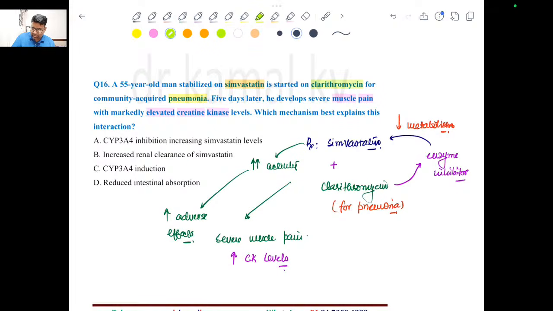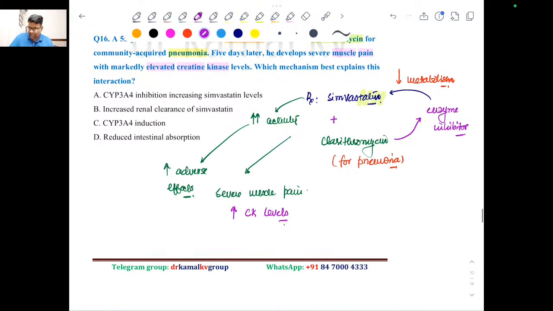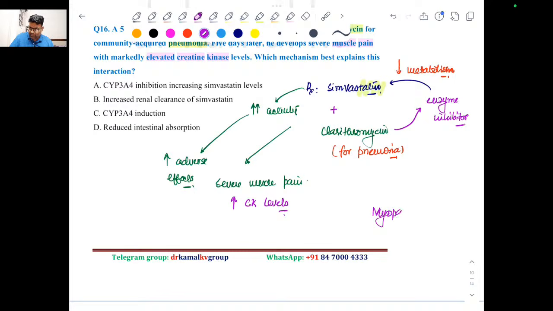For statins, especially simvastatin, the side effect profile is myopathy or rhabdomyolysis.